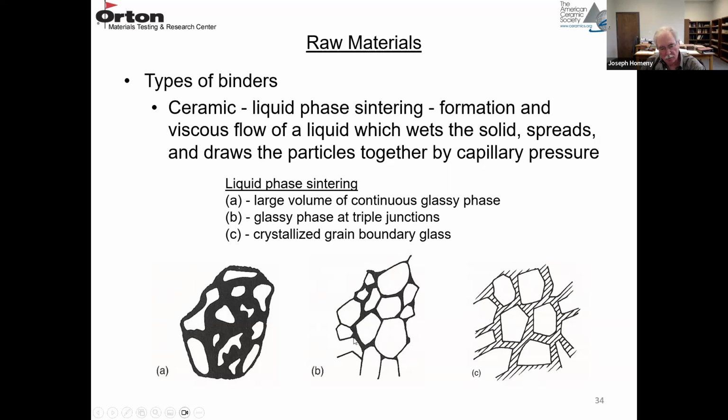So the black area would be the areas containing the viscous liquid, and the white areas are the individual aggregate or crystals. And then C is a condition where the glass that may be present, like in B here, is amorphous, and it crystallizes. So you're usually trying to crystallize a glass into a higher temperature material.